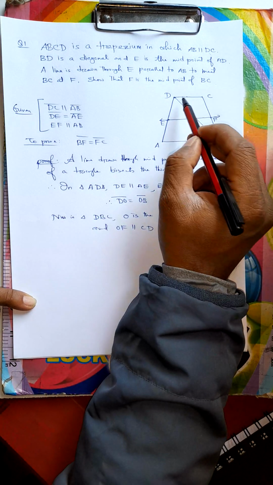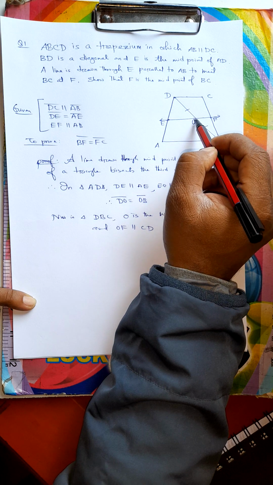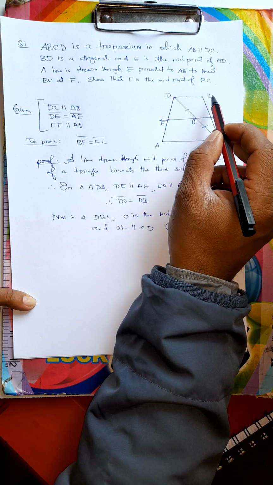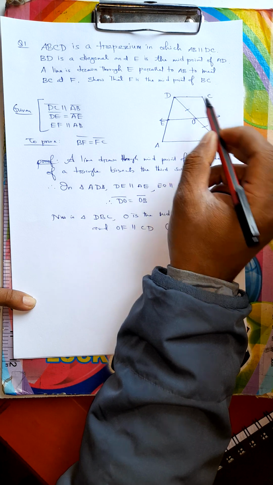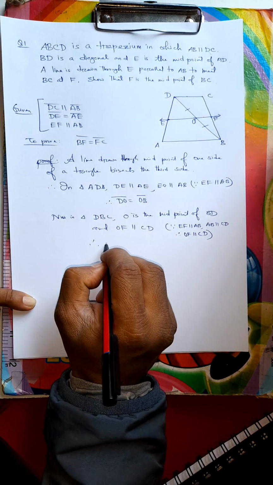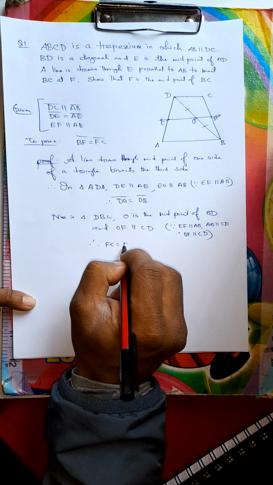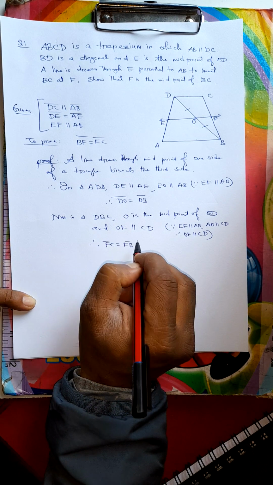You see, now in triangle DBC, O is the midpoint of BD and OF is parallel to CD. Therefore, by midpoint theorem, we say FC equal to FB.